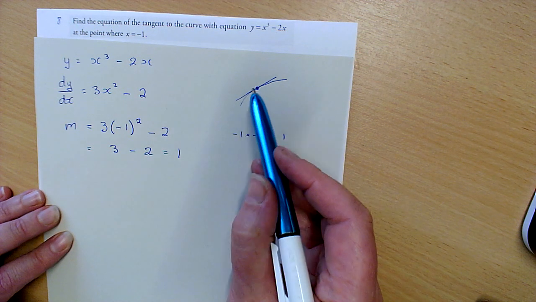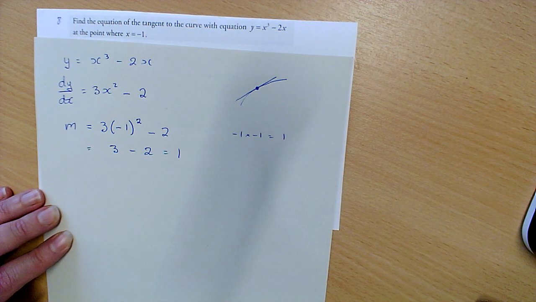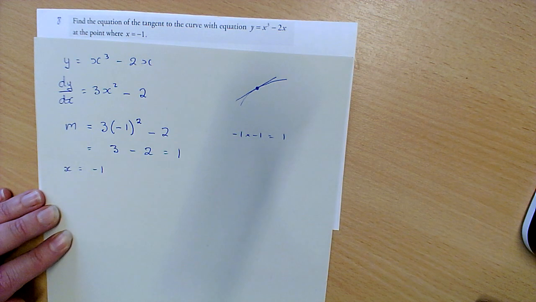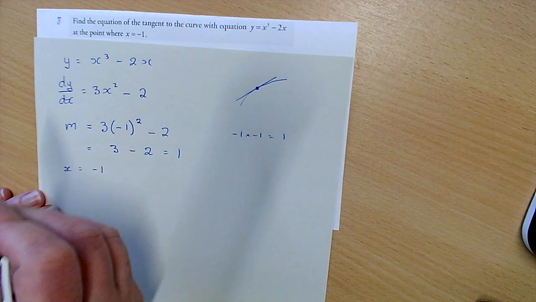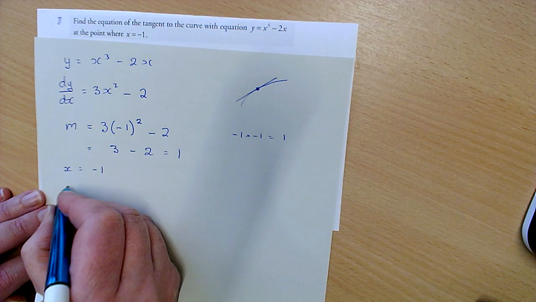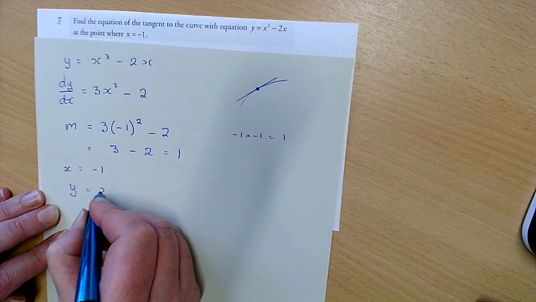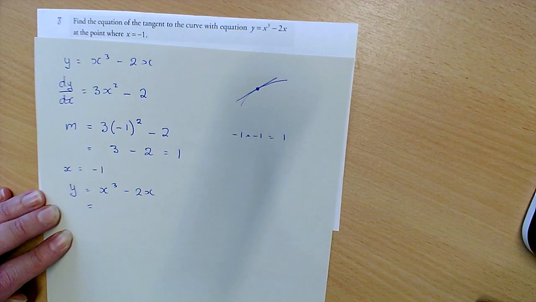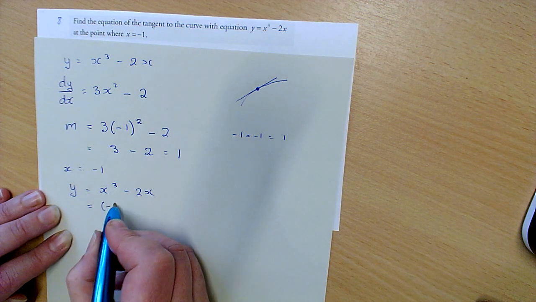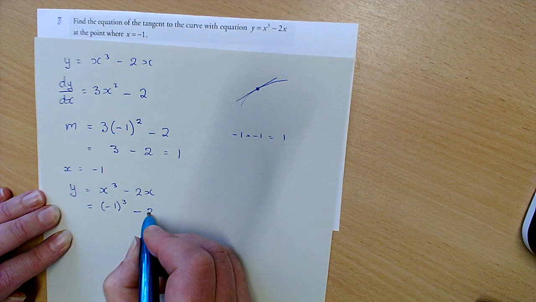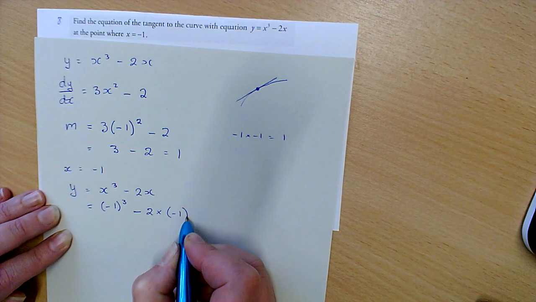So that is the slope of our straight line. We've got an x coordinate. We know that x equals minus 1, but we need a y coordinate. And this says y equals x cubed minus 2x, and into that we are going to substitute our x coordinate. So minus 1 needs to be in brackets, we're cubing it, minus 2 times minus 1.